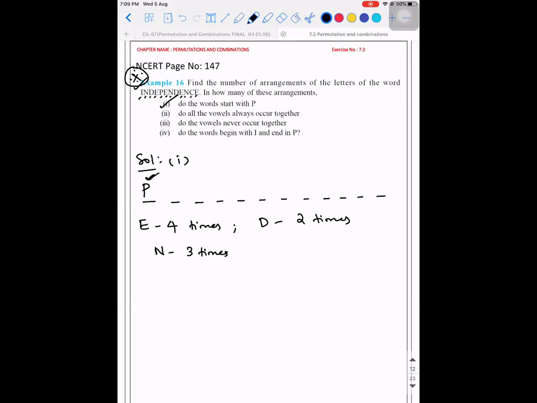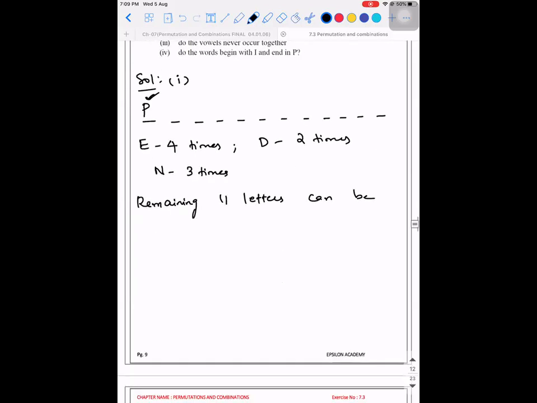So the remaining 11 letters can be arranged among themselves in how many ways? 11 factorial ways. This is clear?